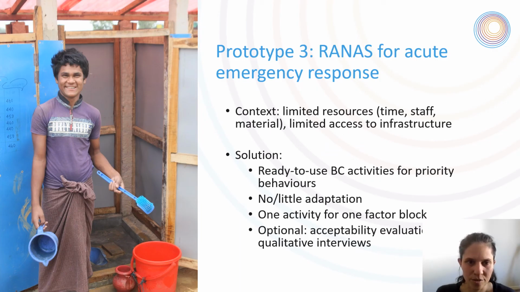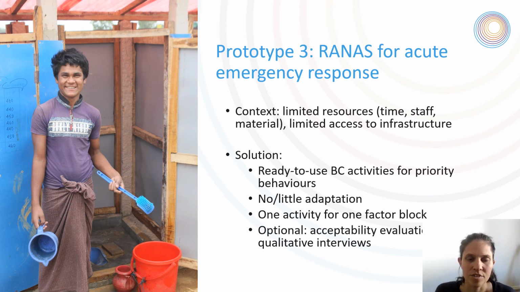So this is the third prototype that we want to present, Ranas for acute emergency response. So we're talking about a very special context with very limited resources on all sides. The prototype here is that we offer a ready-to-use behavior change activity catalog, so a step-by-step guideline for certain activities, but only for priority behaviors, so for example, for drinking chlorinated water.